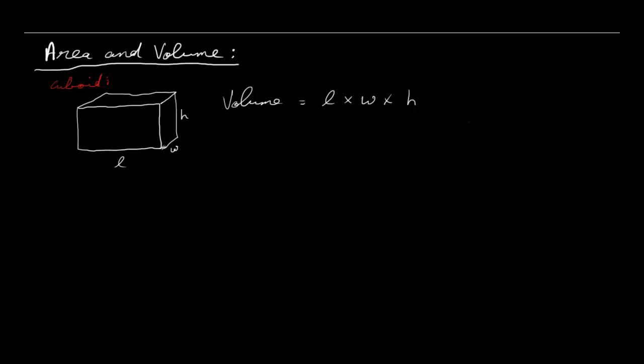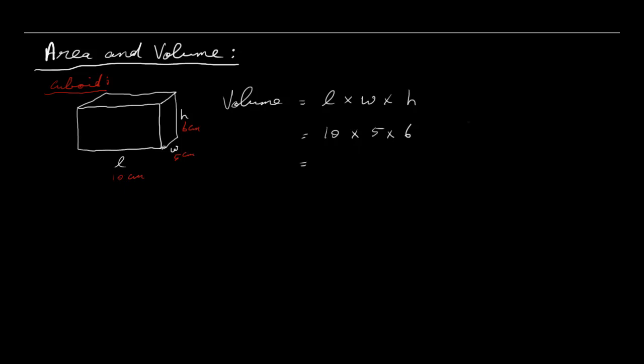We're just going to have a look at the volume of this cuboid here. So the volume is just going to be the length multiplied by the width multiplied by the height. So for example, if our length here was 10 centimeters, our width was 5 centimeters, and our height was 6 centimeters, we would just simply write down 10 multiplied by 5 multiplied by 6.